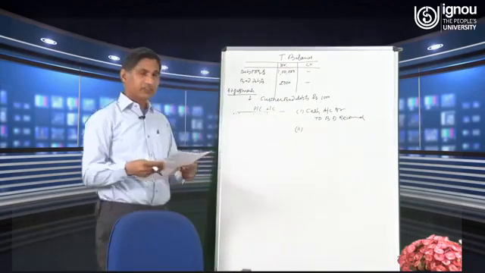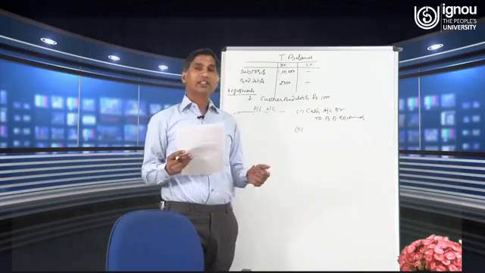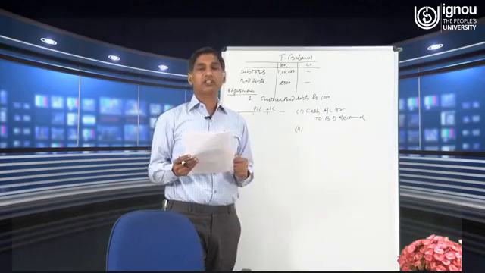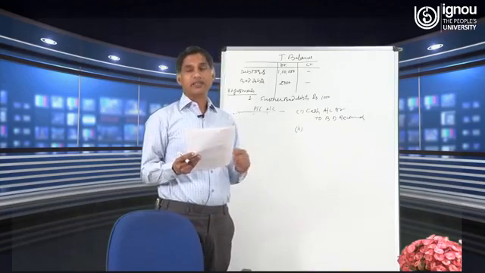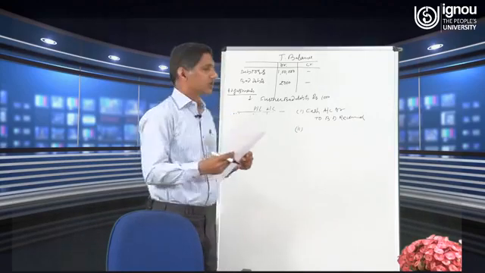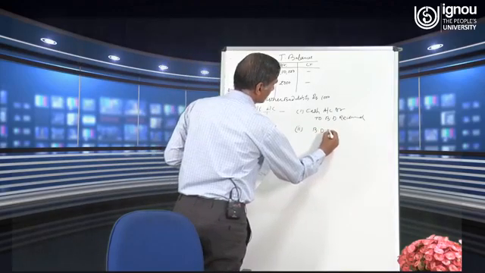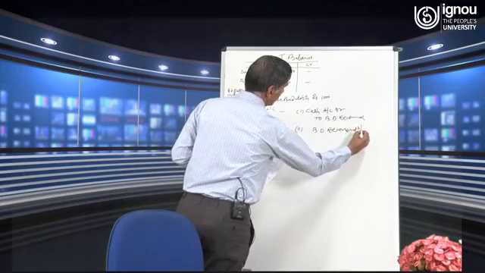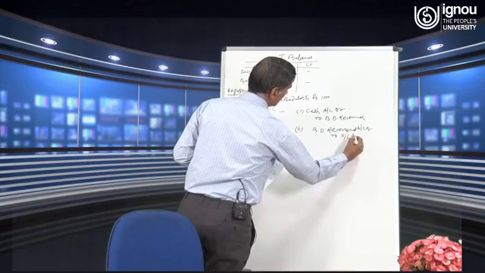And the second one is, since bad debts recovered is your income, as per the rationale of the nominal accounts, any expenses, losses or income are transferred to the profit and loss account. So the second one is bad debts recovered account debit to profit and loss account.